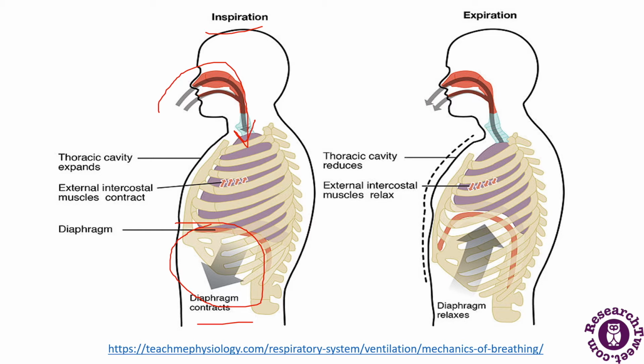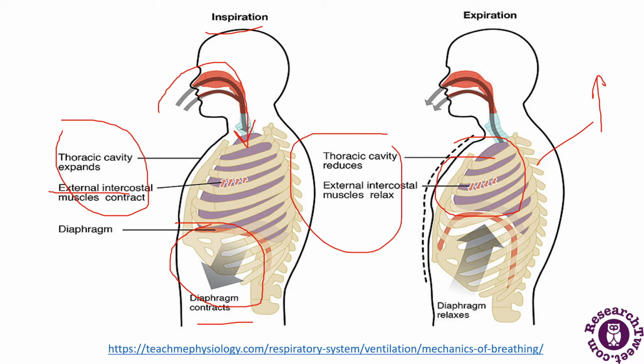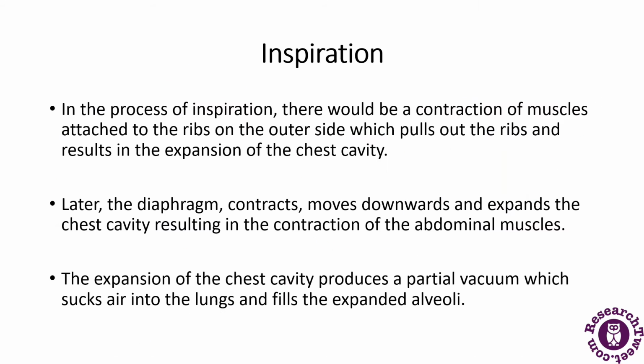But in this case, the gradient is in the opposite direction. So the pressure in the lungs is greater than the atmosphere. So the cavity will reduce here, and in inspiration the thoracic cavity will expand. This is the difference between expiration and inspiration.